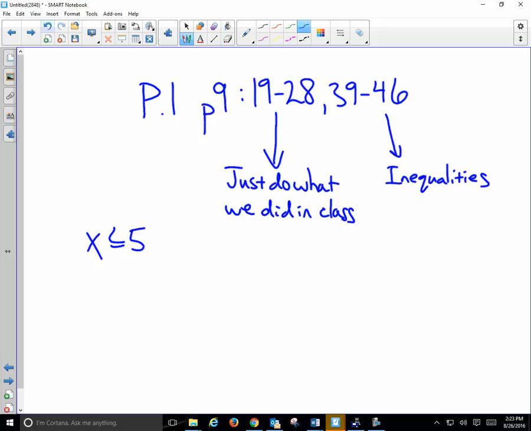Go ahead. So real quick, as you see the assignment, I want you to know that it gives you a bunch of directions for 19 through 28. You don't really have to focus on the directions so much as just do what we did in class. So if you see x less than or equal to 5, that's an inequality. So then you need to make a graph and provide an interval.